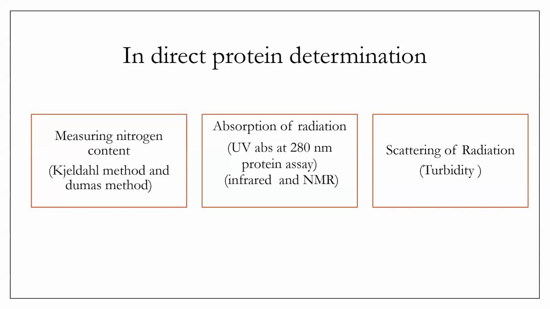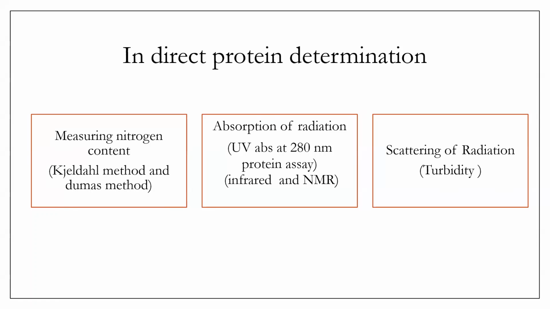So in this case, the precision of protein content estimation is not that good. The plus point is that it is very inexpensive, not that costly, so it is normally used at the initial scale to measure the protein content.